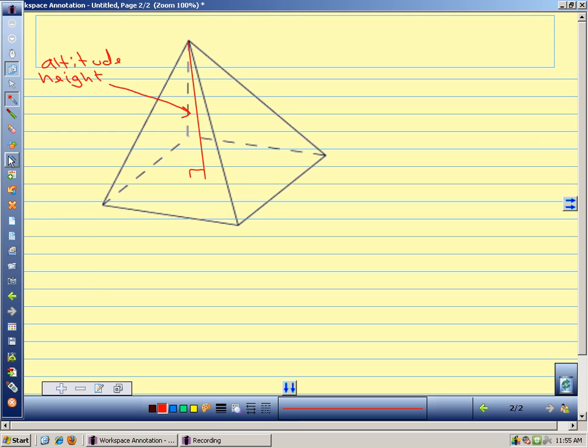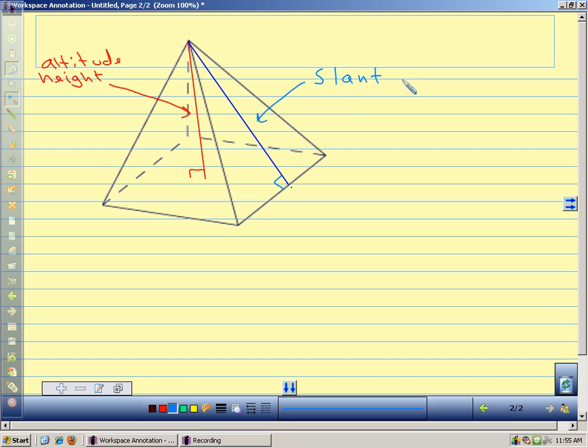But we need one other segment for our formulas for a pyramid. If we go from the vertex at a 90-degree angle to the base edge, this segment is called the slant height.